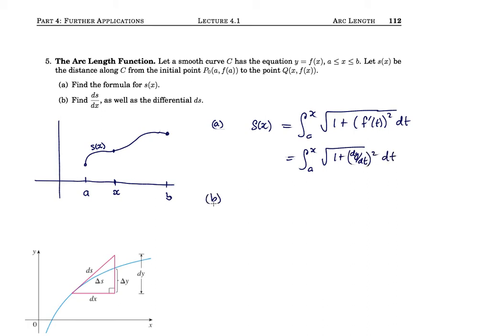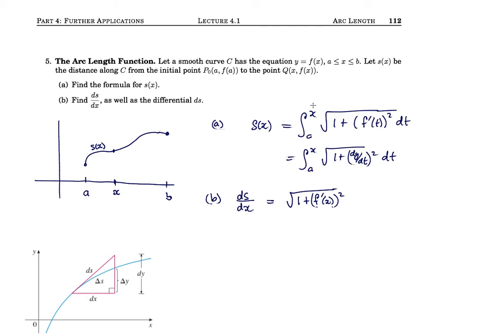Now the next part asks us to find the derivative of this arc length function s with respect to x. We have an integral representation of our function s, so to differentiate it we use the fundamental theorem of calculus. So this becomes the square root of 1 plus f prime of x squared.